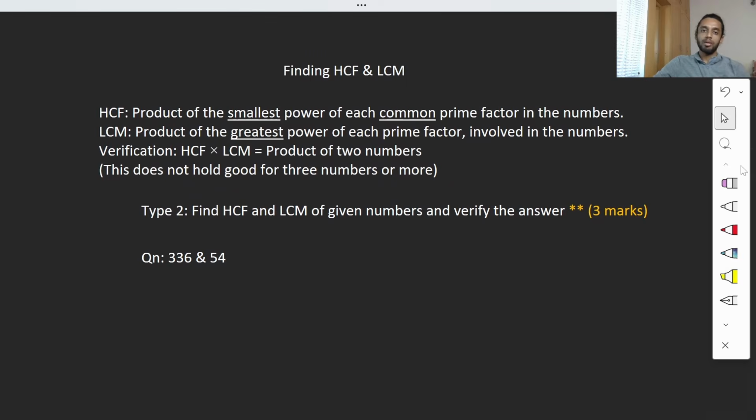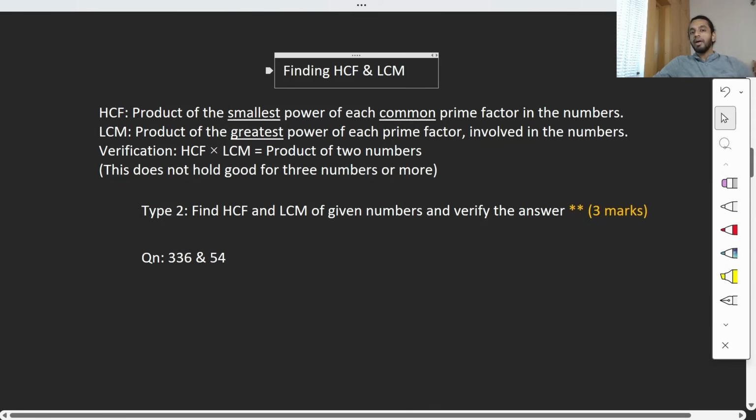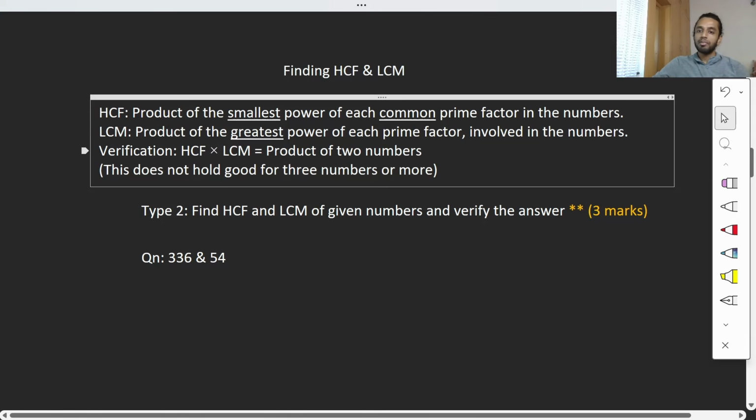Now we go to the next concept, that is finding LCM and HCF. We need to remember a few key points before we get into the question. HCF can be found as the product of the smallest power of each common prime factor, and LCM is the product of the greatest power of each prime factor.